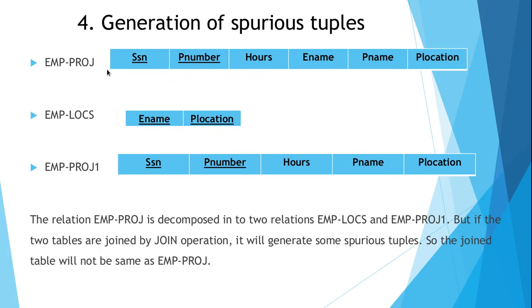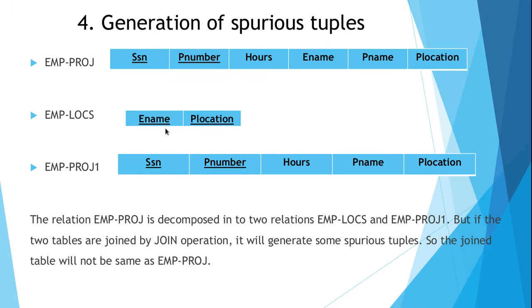Here, the employee project table is decomposed into employee location and employee project 1. That is, from the employee project table, we have taken employee name and project location as a relation. Then the rest of the attributes combine to form another relation.